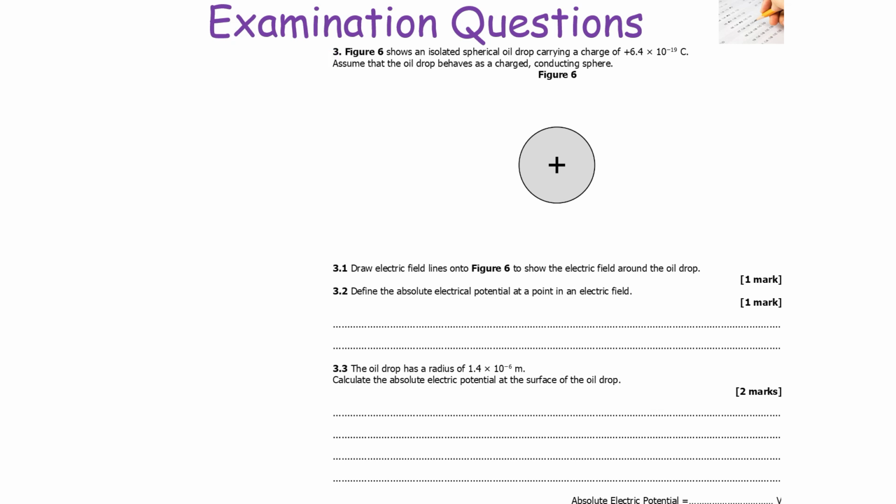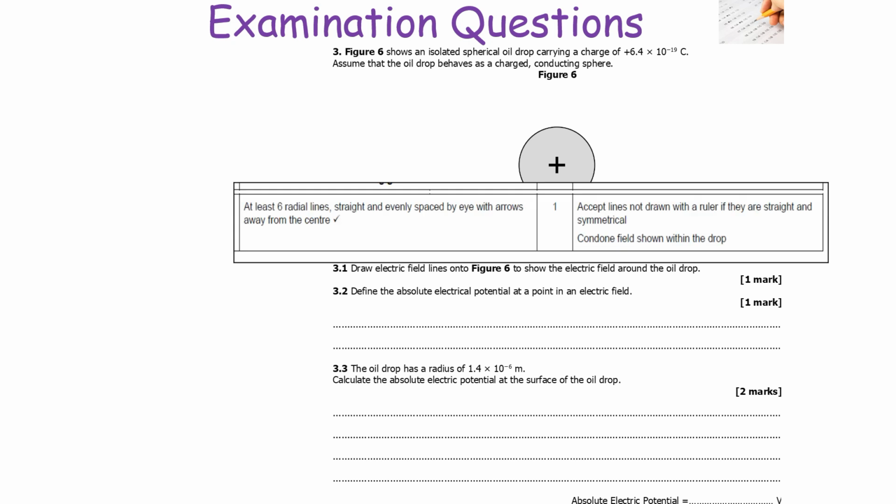Right, in this one it's very important you can show the electrical field lines around the oil drop. Because it's a spherical object, it'll produce a radial field. So you need 6 radial lines which are straight and evenly spaced out with the arrows going away from the center. Why is that?